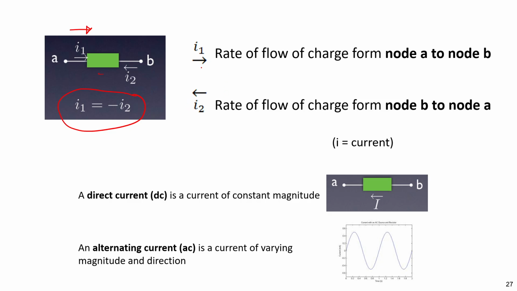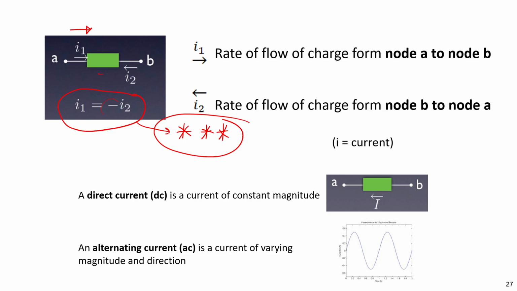So the direction is there. The direction will be denoted by sign, plus or minus sign. This is very important when you solve the complex circuit. It's very important for you to denote the direction of current and voltage.